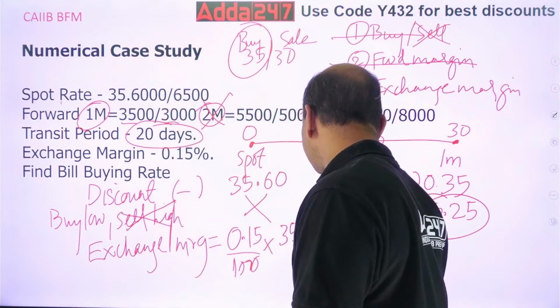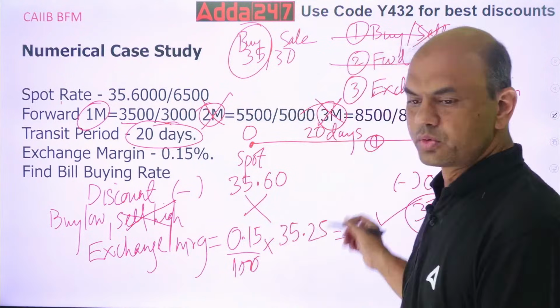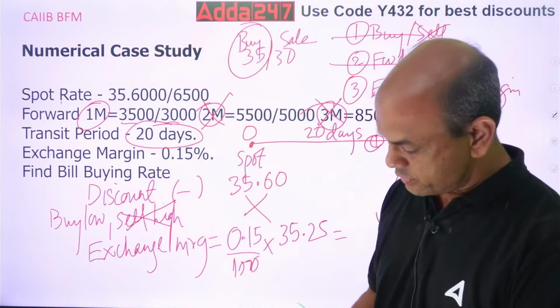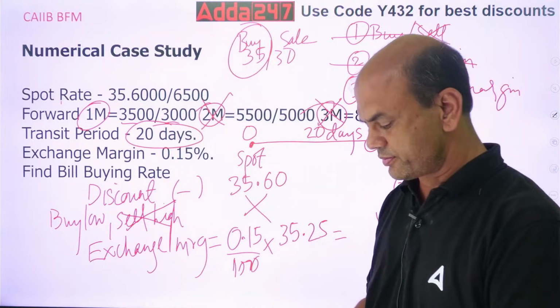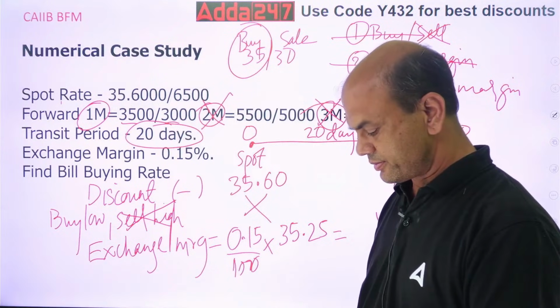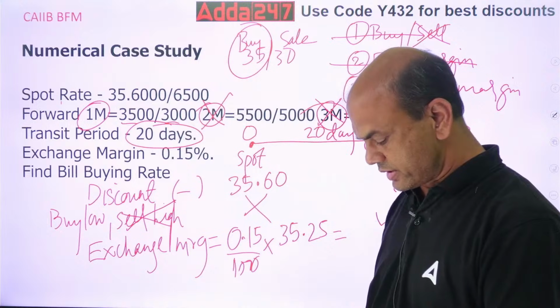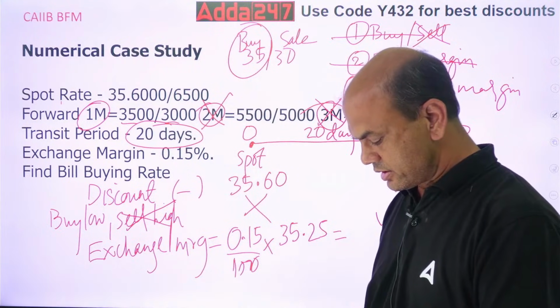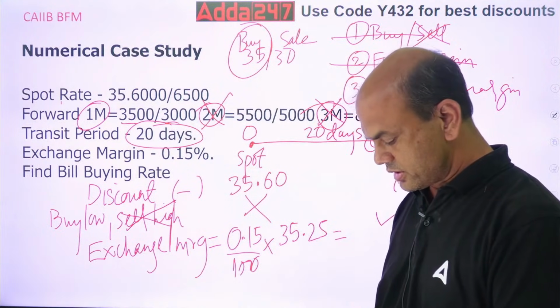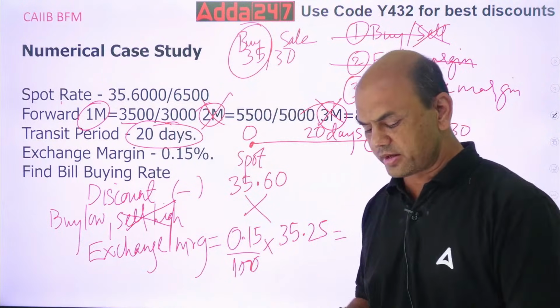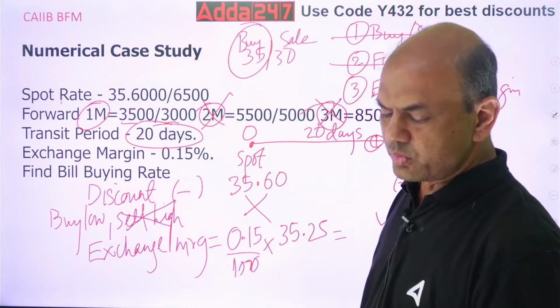So what is the answer now? Do this everyone. 0.15 upon 100 into 35.25. So what are you getting? 0.052.